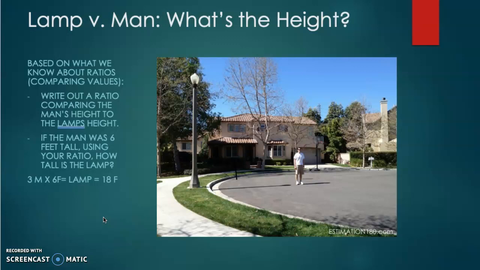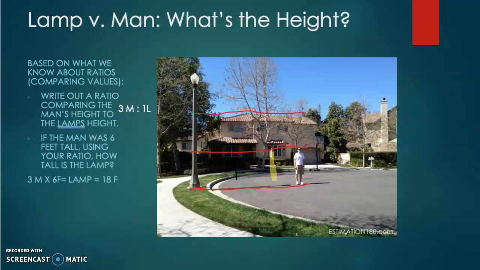Okay, if you went back and saw the ratio that I had, I said that it was 3 men to 1 lamp. The reason why is that we first have to establish a base, and this has a lot to do with estimation, scale, and progression. If this is the height of 1 man, we need about the equivalent distance to go up, so from here to here, the equivalent distance is approximately right here.